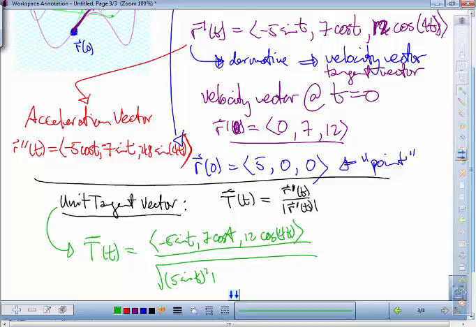I guess I'm not going to simplify this. If it was a nice circular helix, or if I didn't change the 5 and 7, if I kept that the same, this would have simplified just a little bit so it could look a little nicer, but I changed it, so now it's a big mess and I won't be able to simplify it.